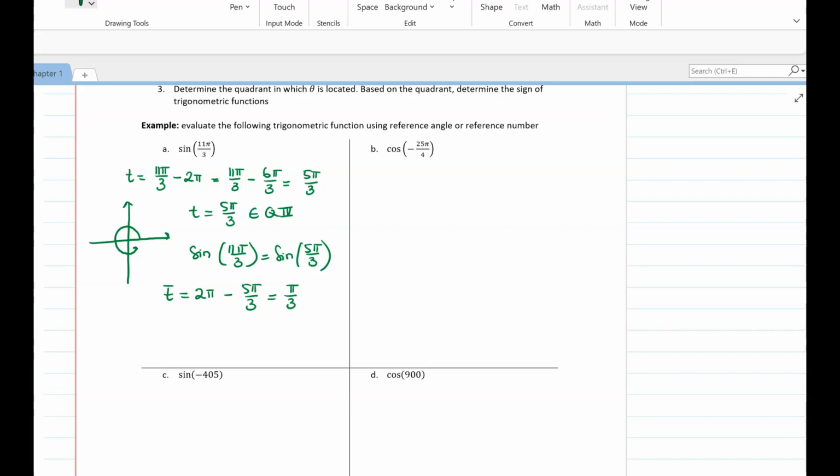Because t equals 5 pi over 3 is in quadrant 4, the value of sine is negative, and this value is less than 0, which means sine of 11 pi over 3 is equal to negative sine of pi over 3. We calculated earlier sine of pi over 3 is equal to root 3 over 2. So now we get negative root 3 over 2.